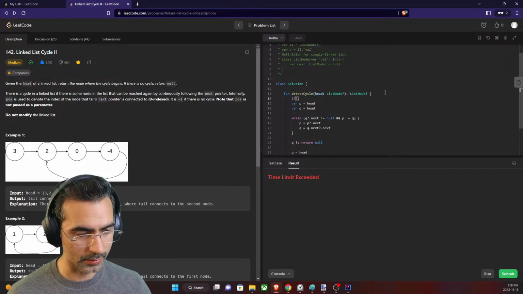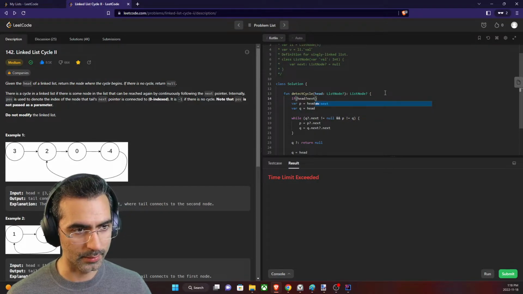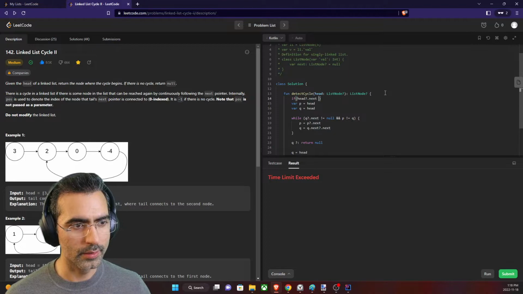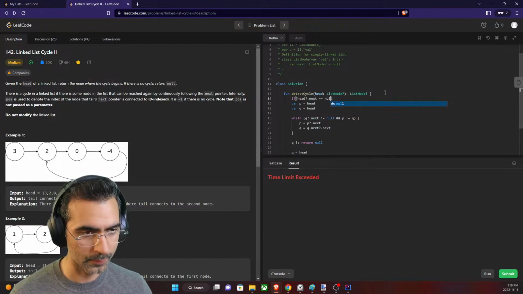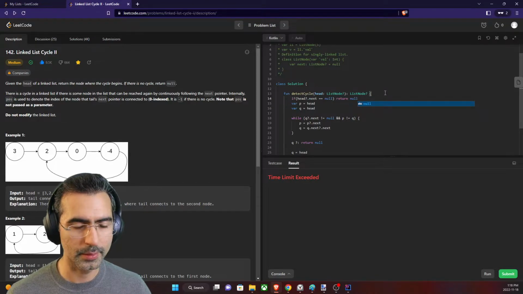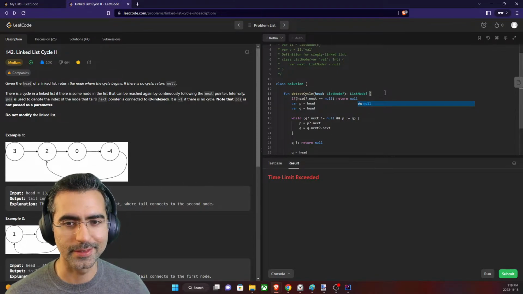So I'm gonna check if head or its next element are null. We're gonna return null because we don't have any cycles in the loop.